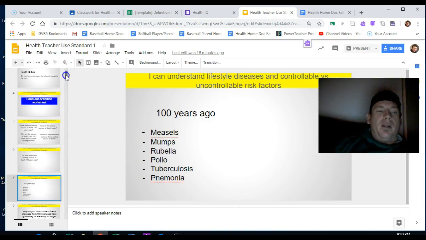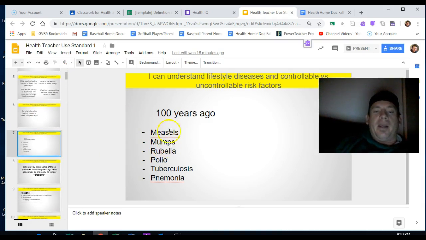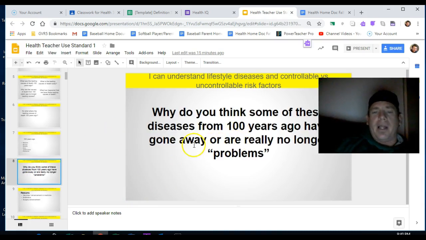As we take a look at just some leading causes of death here, some of these you've heard of, some of them you haven't. What I can tell you is that there's a reason why you don't really see these anymore, which is our next slide. Why have they gone away? A real quick example or story that I always give in class is I remember when my son, who is now in elementary school, was born.